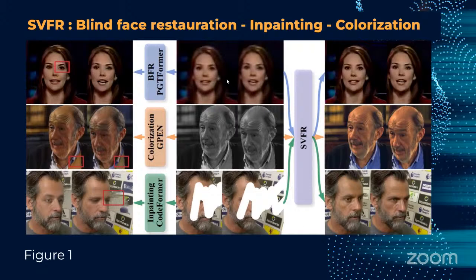And similarly, also in the blind face restoration task, we can see when carried out by the CodeFormer model, this leads to a little bit unnatural right eye of this person here. But when SVFR carries out the same task, again, this problem does not occur. So this is just a general motivation why SVFR might be a pretty good model.